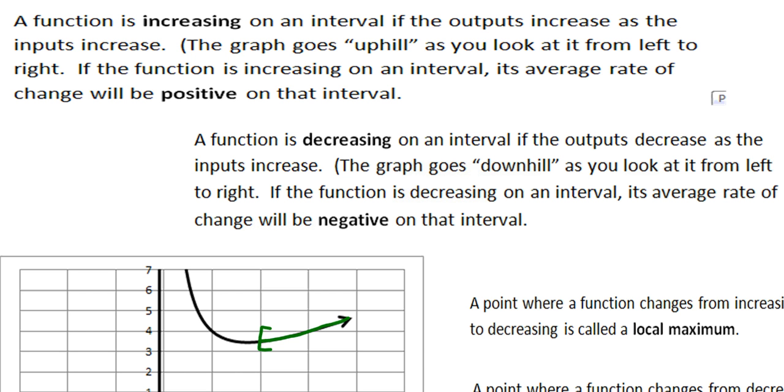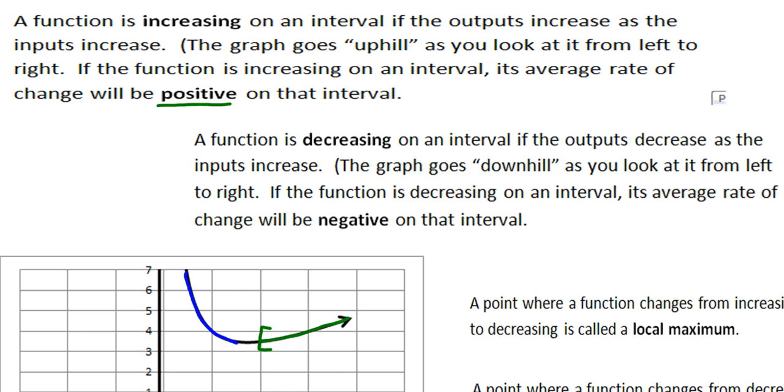As long as the function is increasing, you can expect the average rate of change will be positive on that interval. A function is decreasing on an interval if the outputs decrease as the inputs increase. That means the function goes downhill along that part of the function. If the function is decreasing on the interval, you can expect the average rate of change will be negative on that interval.